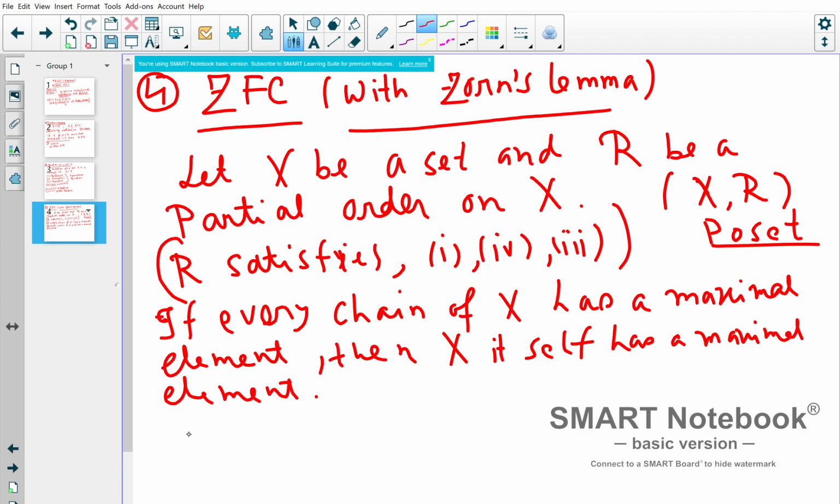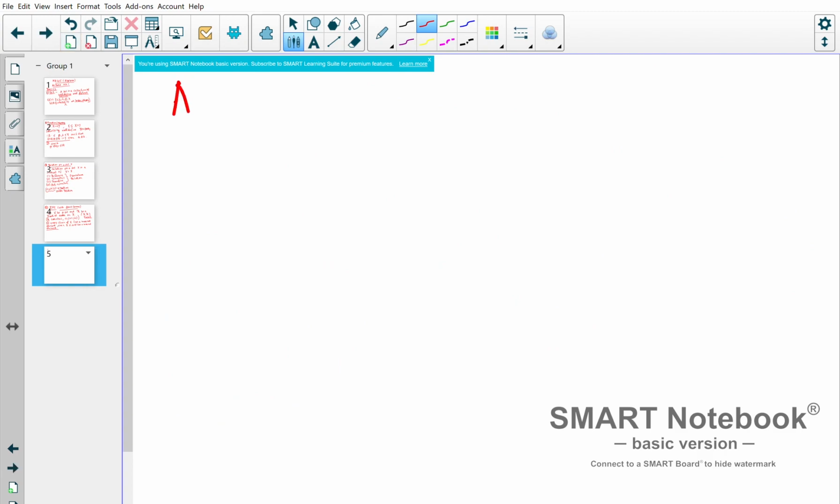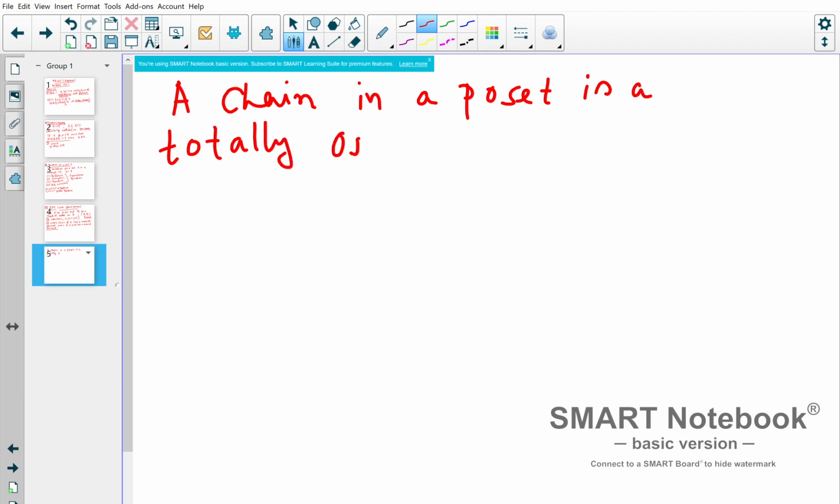So a chain in a poset is a totally ordered subset of the set X. Okay.